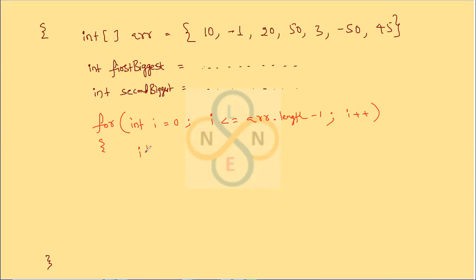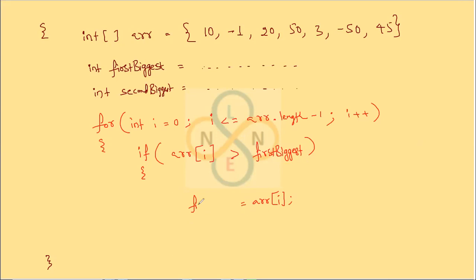Inside this for loop, for the biggest element logic, we will use one if condition. If arr of i, which is the way to access the array elements, is greater than firstBiggest, or simply biggest if you are finding the biggest element of the array, then we are supposed to store that array element back to the biggest.